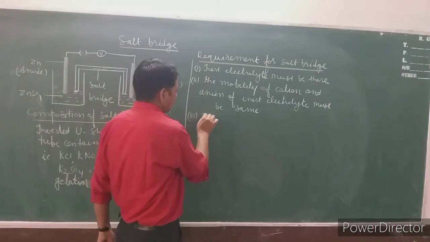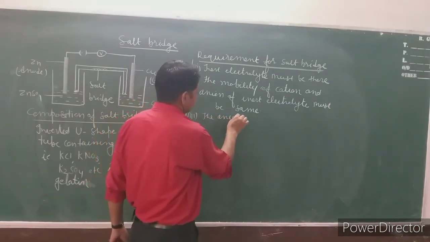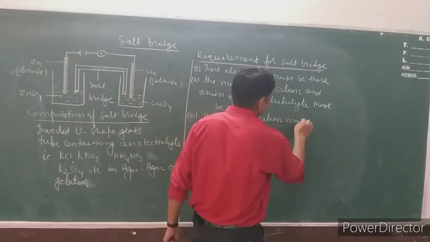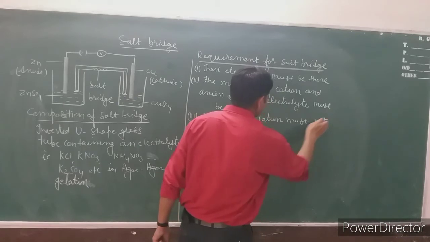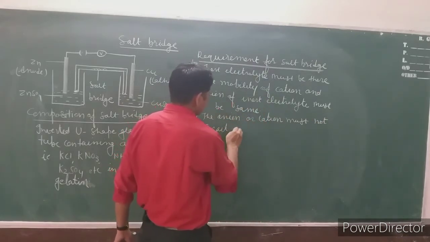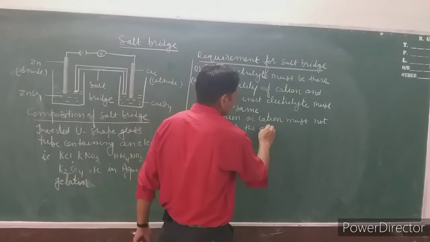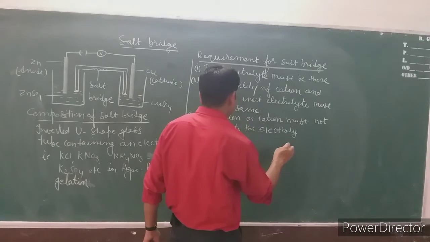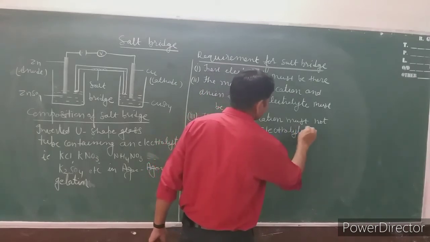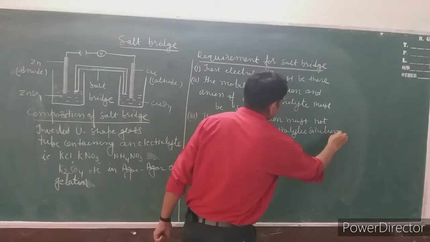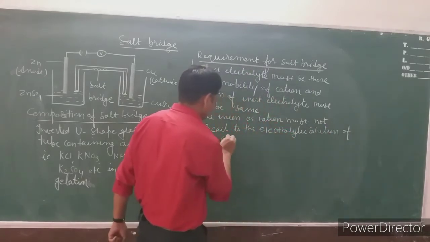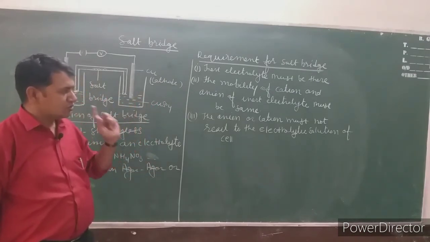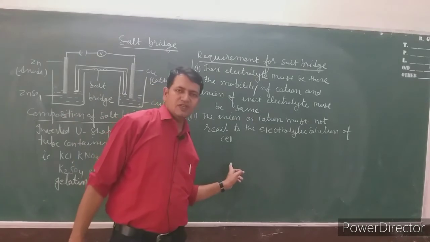Third, the anion or cation must not react with the electrolytic solution of the cell. Means the anion or cation of that inert electrolyte should not react with the electrolytic solution of the cell.